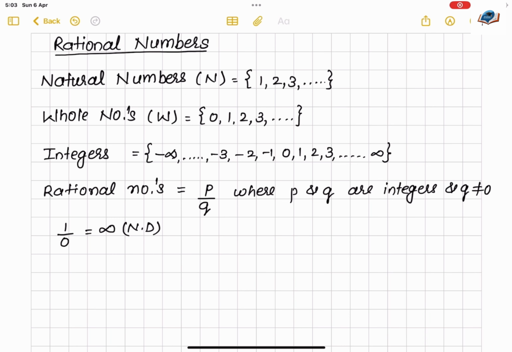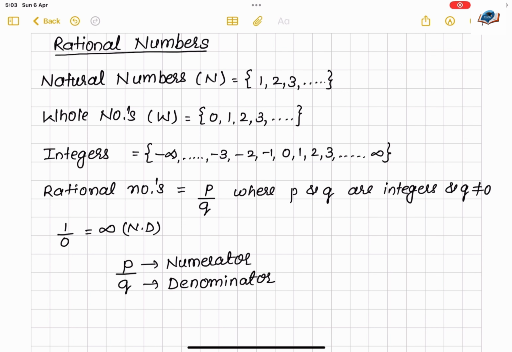Leaving 0, you can put any positive or any negative number in the numerator as well as the denominator. Here, in P upon Q, P is the numerator and Q is the denominator. So the denominator can't be equal to 0.